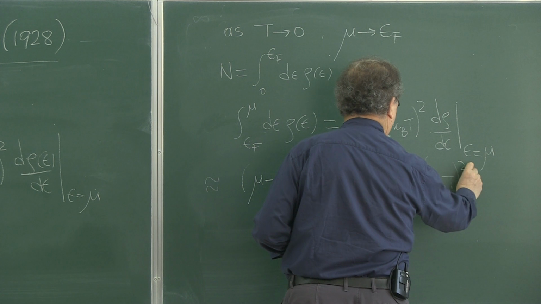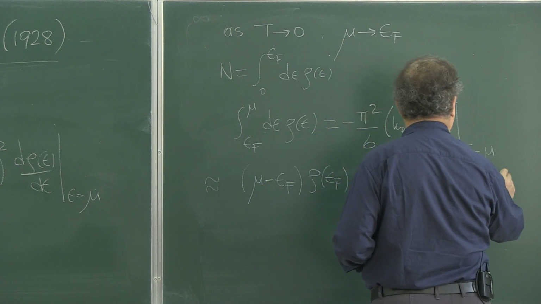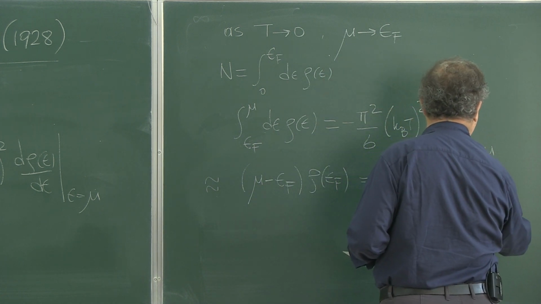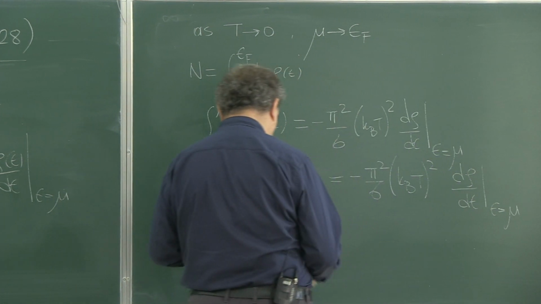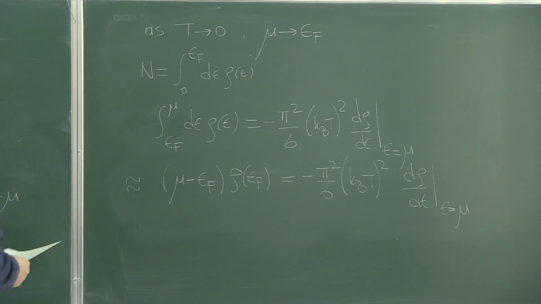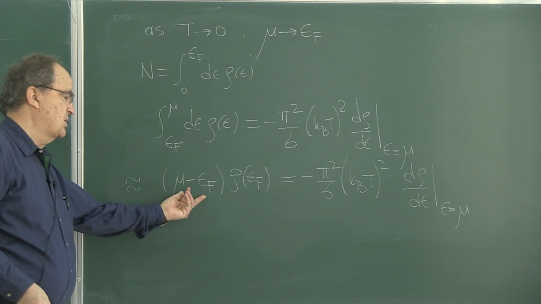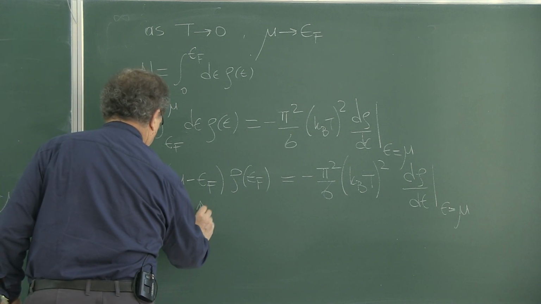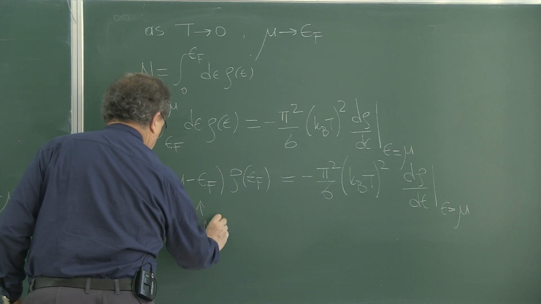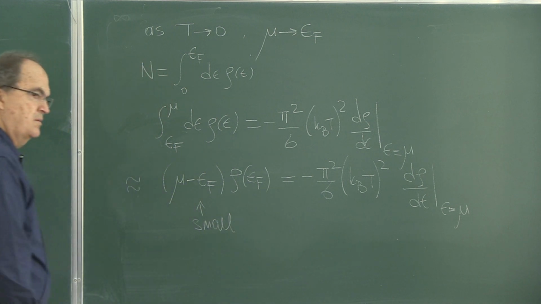So I'm trying to get the first order corrections, if you like, using the approximation. This term is quite small, isn't it? We are at very low temperatures.